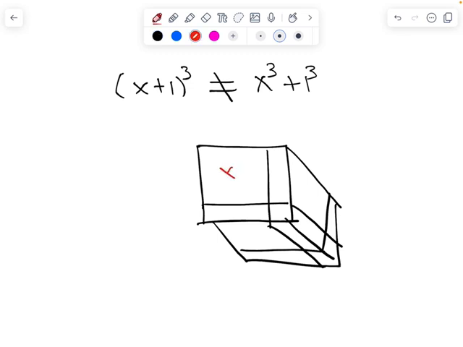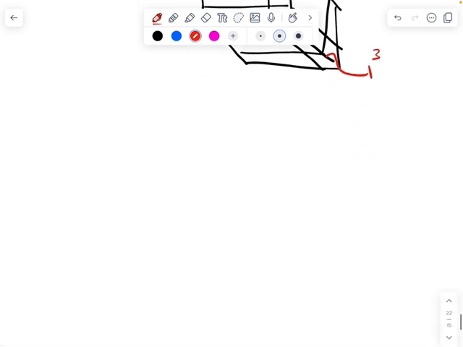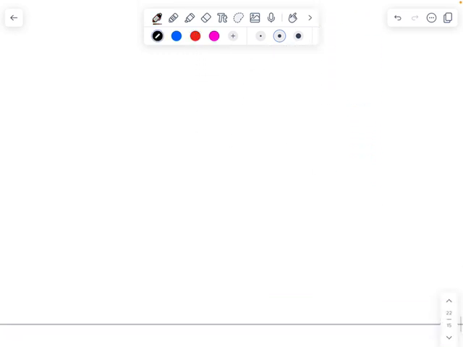This region right here is x cubed. This region right here is 1 cubed, but you have all of these other regions inside of it, and they're kind of tricky. So instead of thinking about it geometrically, let's just follow what we know.